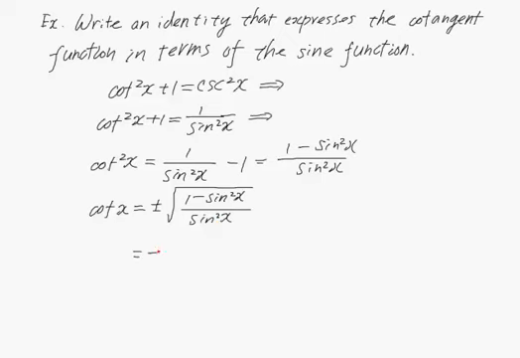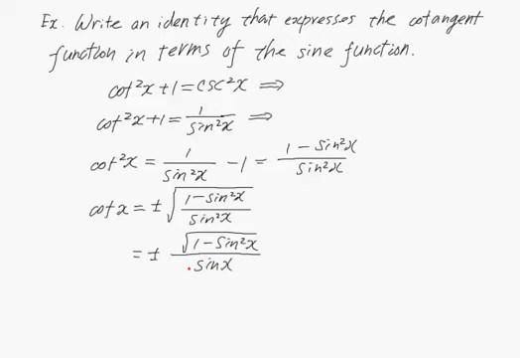So you get plus minus. Since we already have the plus minus sign here, we don't care about the sign of the square root of the sine square x. So you have the square root of 1 minus the sine square x over the sine x.